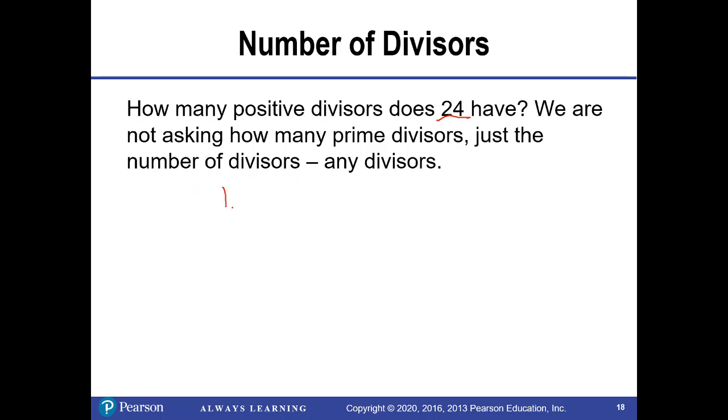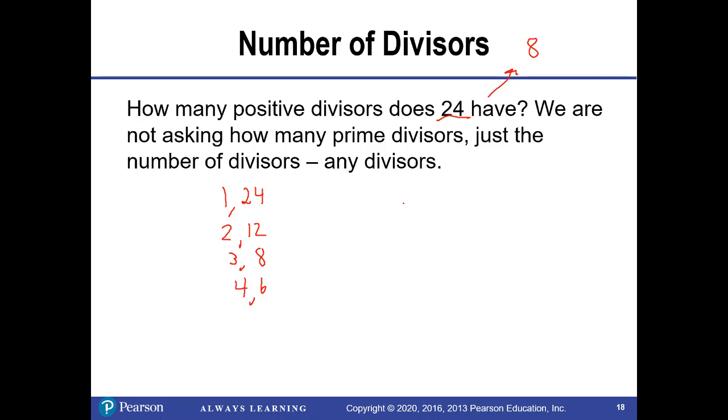So 24, we have 1 and 24, 2 and 12, 3 and 8, 4 and 6, and then you'll notice we get the same in reverse: 6 and 4, 8 and 3, 12 and 2, 24 and 1. We don't count them twice; we just count them once. So 24 has a total of 8 positive divisors.